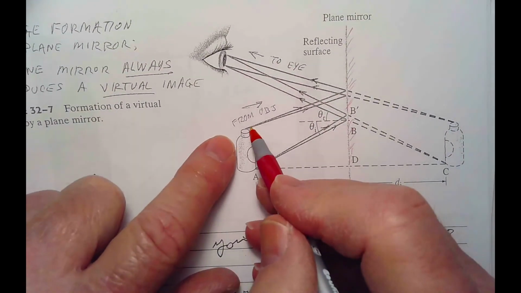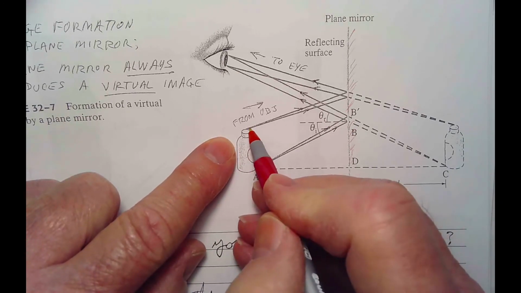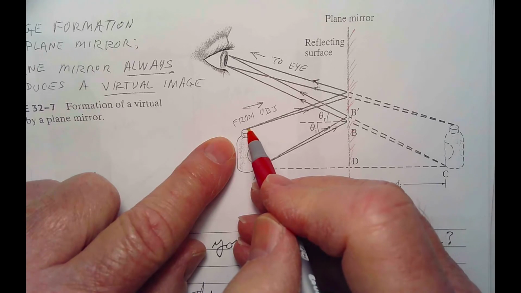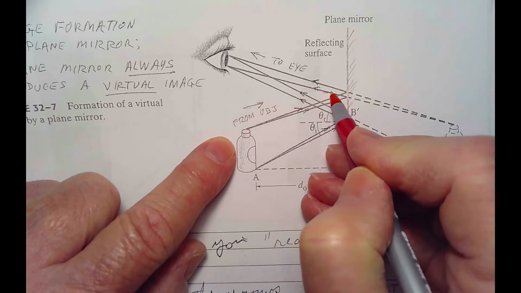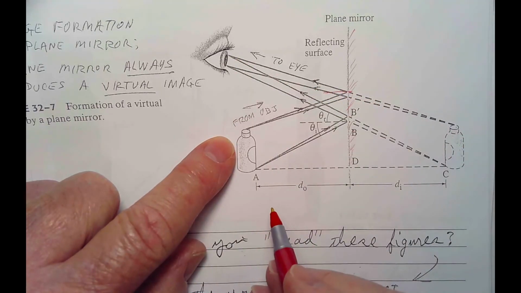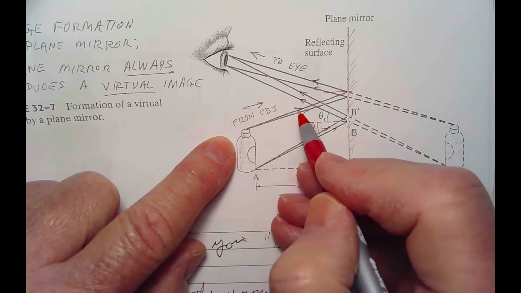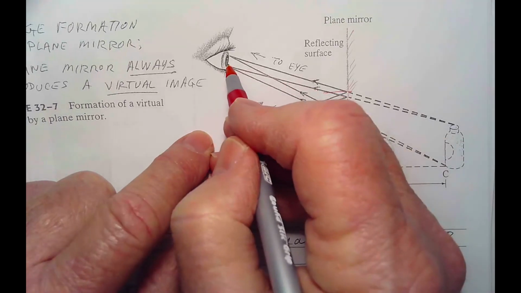So here's a point on an object on the top and a point on the bottom. I take a ray from the object here that goes this way, the arrow's going that way. It hits this surface here, reflects, and hits your eye there. I take another little ray that goes a little bit lower down, and that strikes the object there.